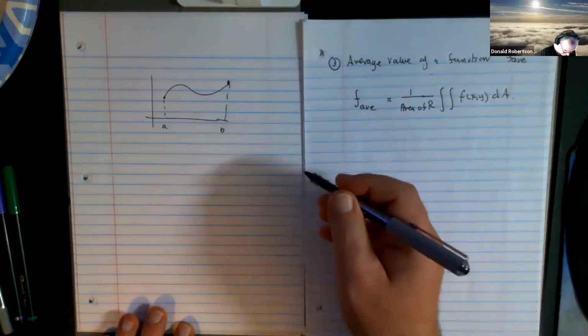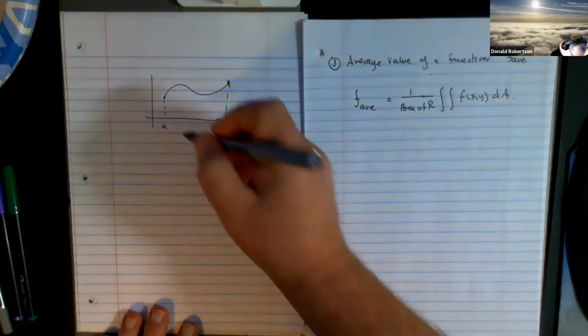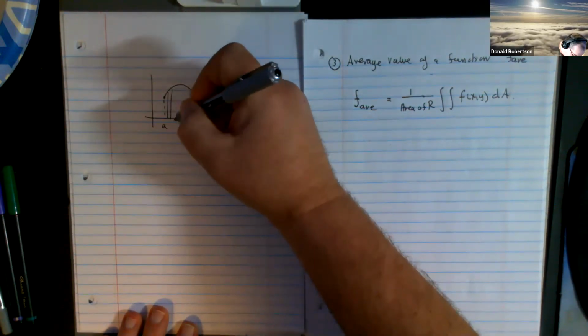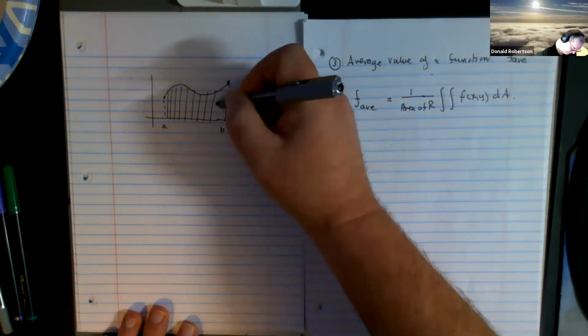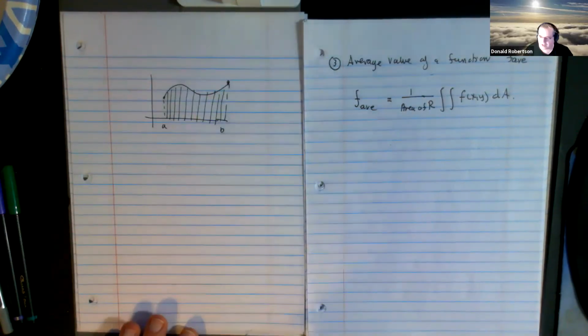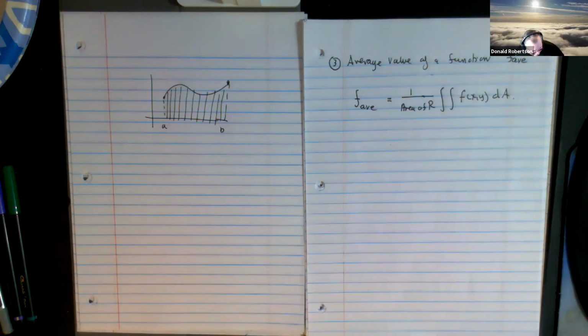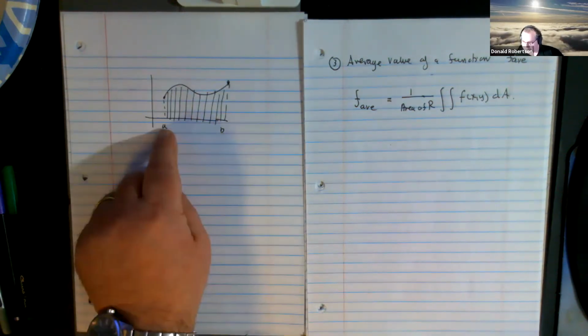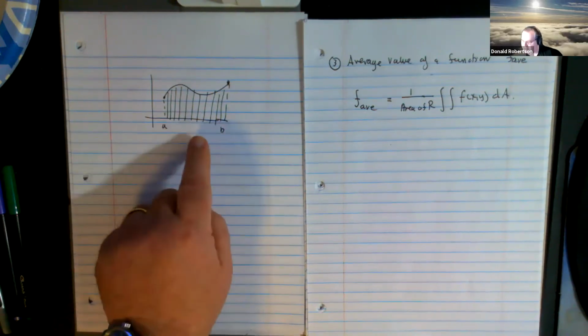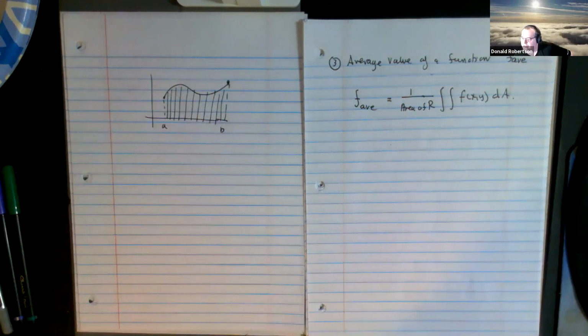What you did when you found the average value of the function was, if you can imagine every single value of x had a different height, then the average value of the function would be the average height. So if this represented temperature over a 24-hour period, the average height would be the average temperature during that period.